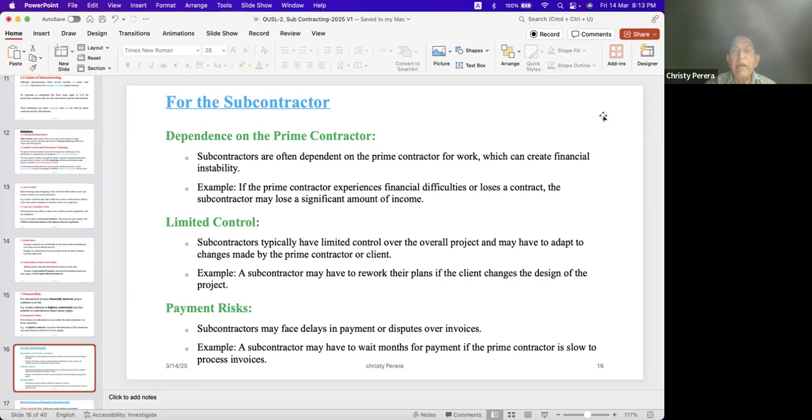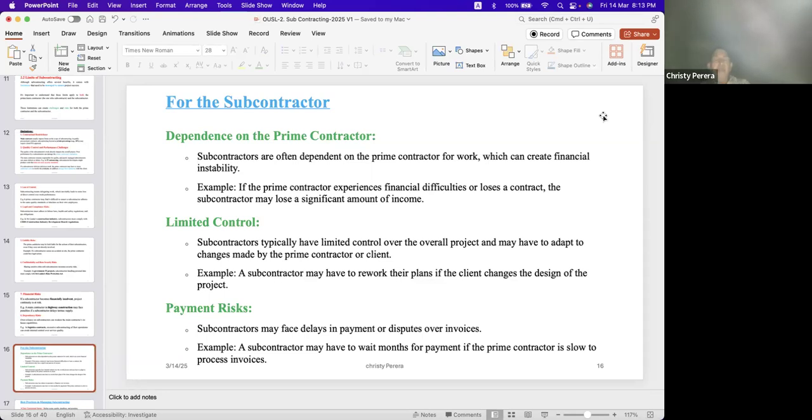Subcontractors are often dependent on the prime contractor for work, which can create financial instability. For example, if the prime contractor experiences financial difficulties or loses a contract, the subcontractor may lose a significant amount of income.